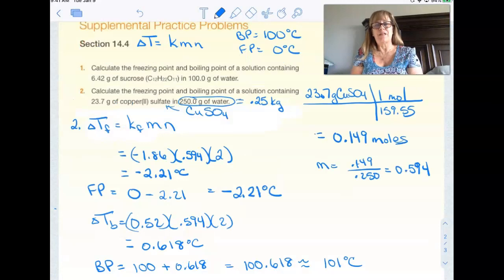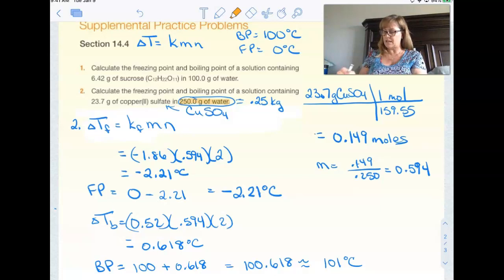Okay, well, I hope you did pause the video, and as you can see, I've worked out number 2 completely from start to finish so that we can just go through and talk about the answer. So hopefully the first thing you noticed was right here that 250 grams is our solvent, so we need that in kilograms, which is equal to 0.25 kilograms. We then have to take our copper sulfate, and here is your formula for copper sulfate.